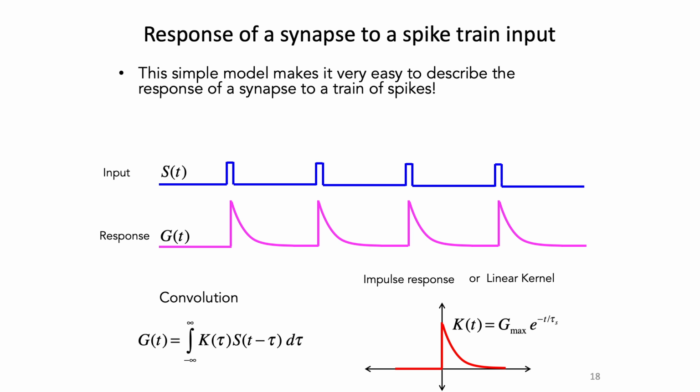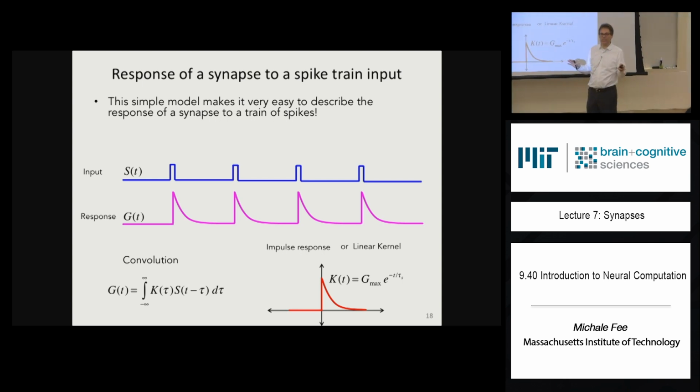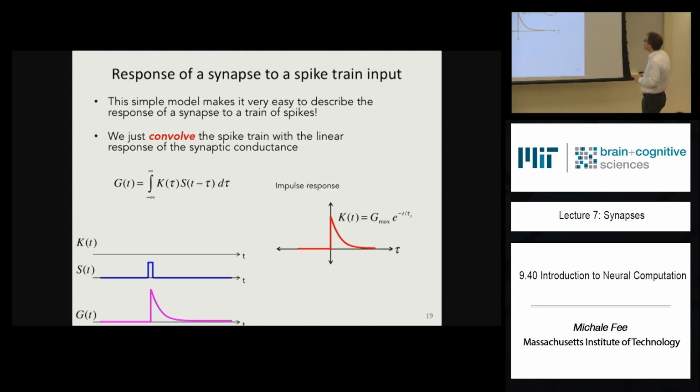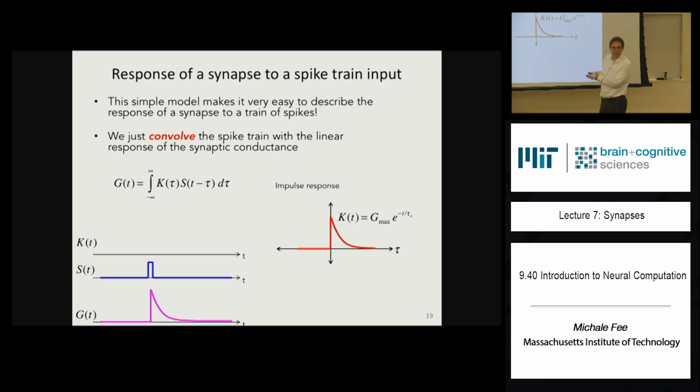It looks a little messy, but I'm going to explain how to visualize it very simply. Notice that the response of the system is just this operation where we're multiplying the kernel times the stimulus and integrating over time.